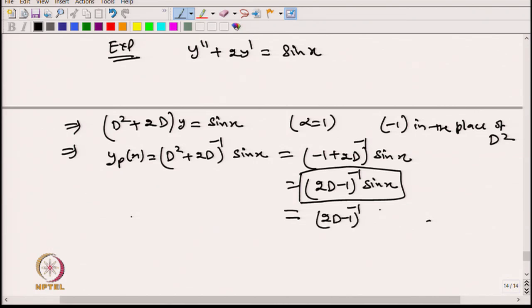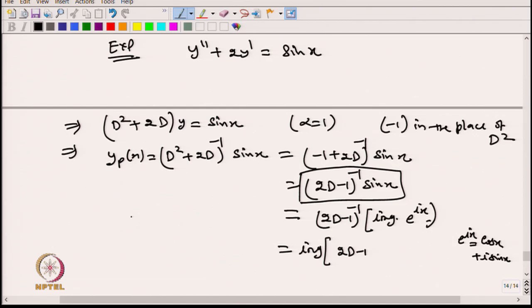Generally, what we will do is, sin x I can write as the imaginary part of e raised to power ix, because I know that e^(ix) can be written as cos x plus i sin x. So, instead of sin x I can have this one. So, this is the imaginary part of 2D minus 1 inverse e^(ix).